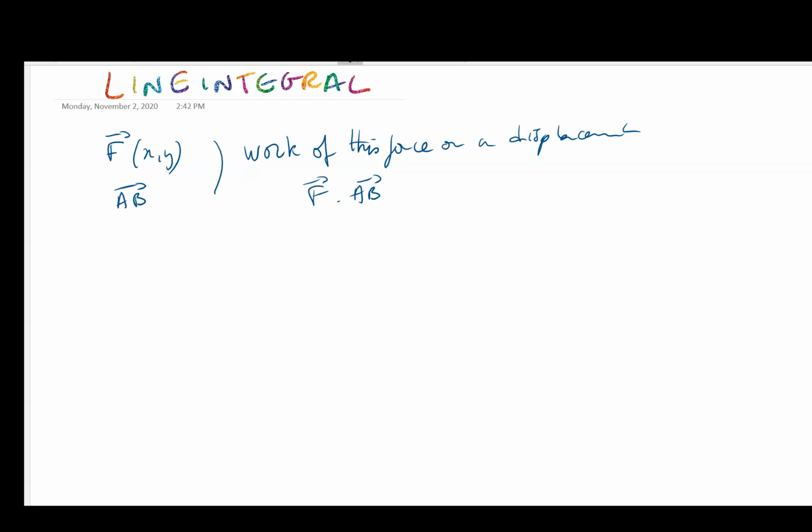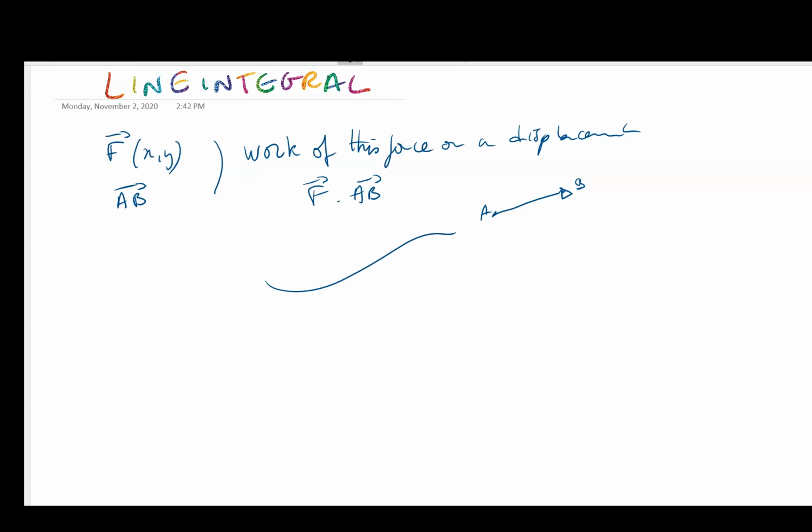What's happening now if instead of just AB, we want to compute the work of a force on a displacement that is going to look like a curve? What about something like this?